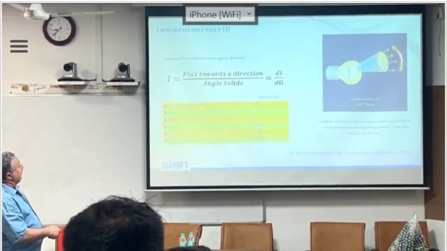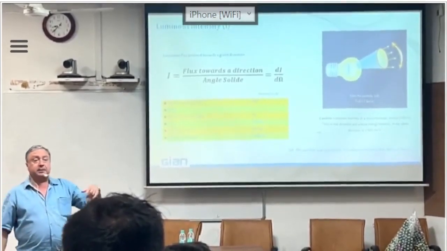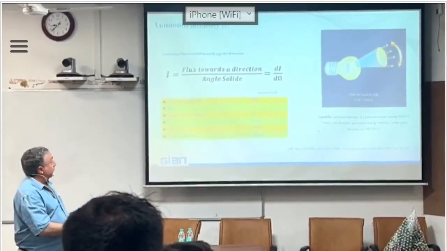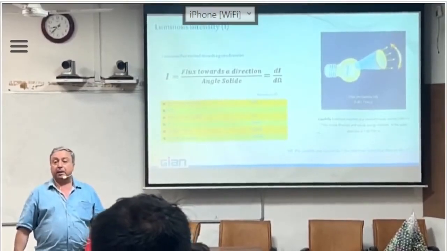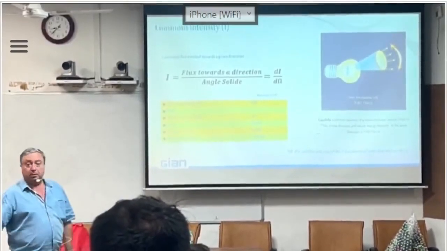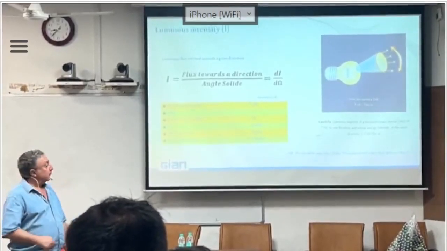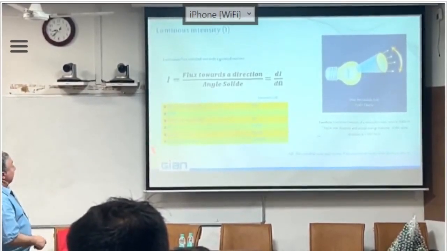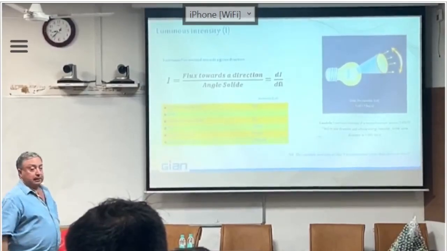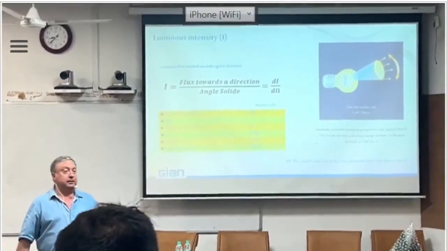A light emitting diode, a red one, that just shows you that a device is switched on or off, is 0.05 candelas, very small. A candle, by definition, is one candela, because it was the first standard of candela. We'll speak about that. A 100 watt incandescent lamp is 150 candelas.